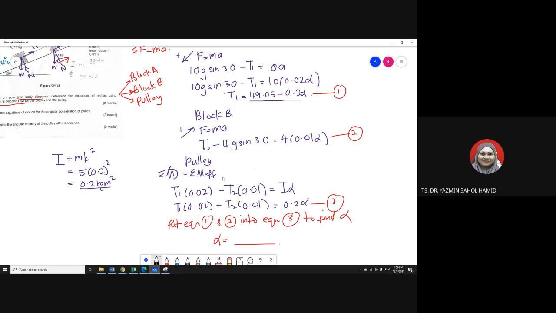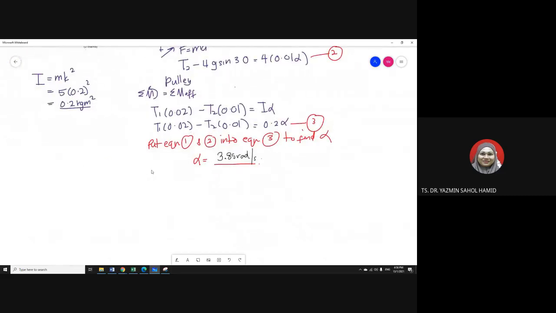All you need to do is put T1 and T2 into equation number 3 and you can get alpha. What is your answer for alpha? Do you get the same as me? 3.85 radian per second squared? Is it the same?